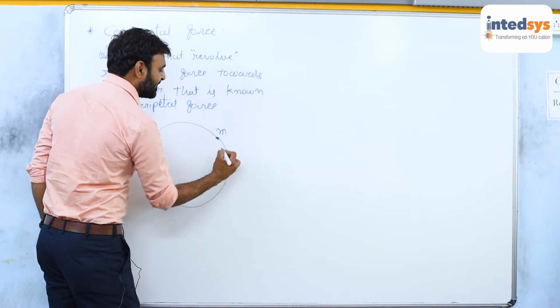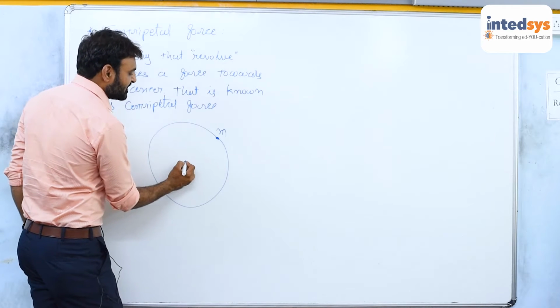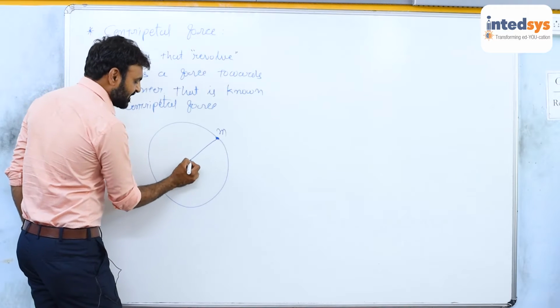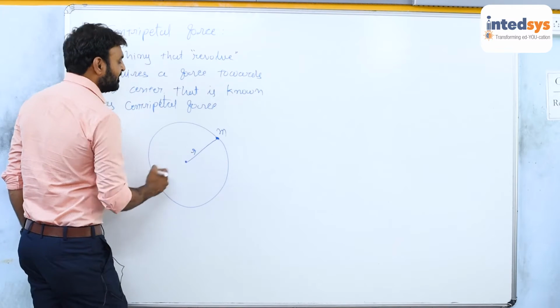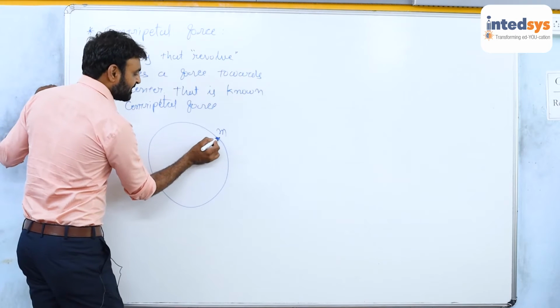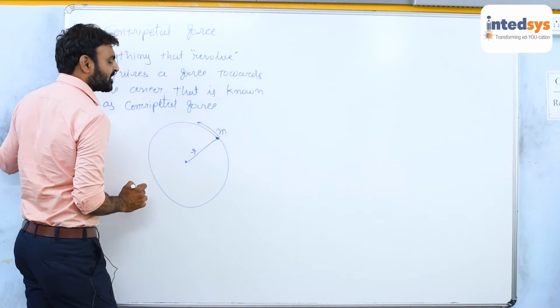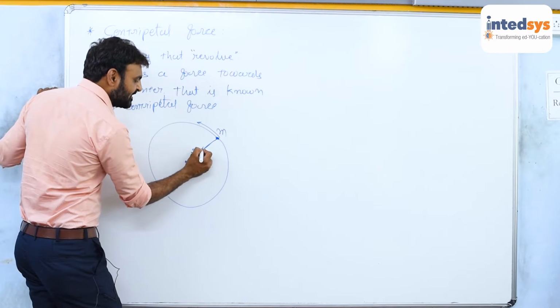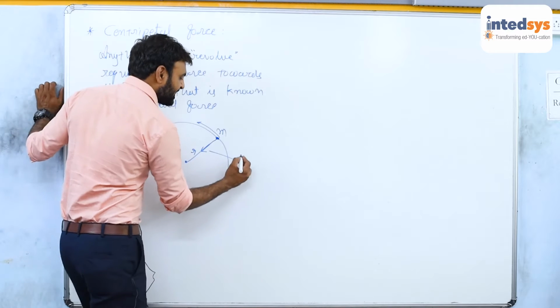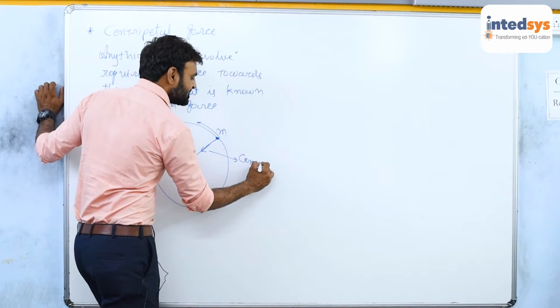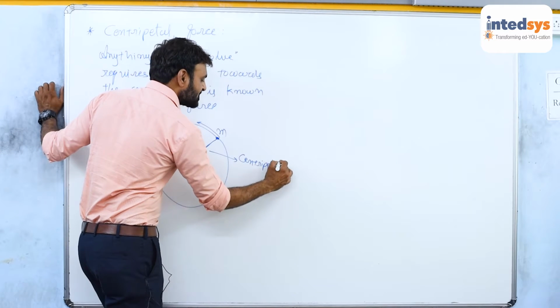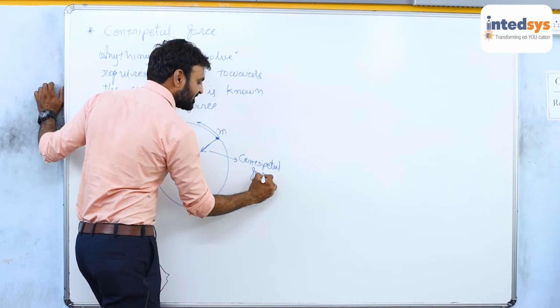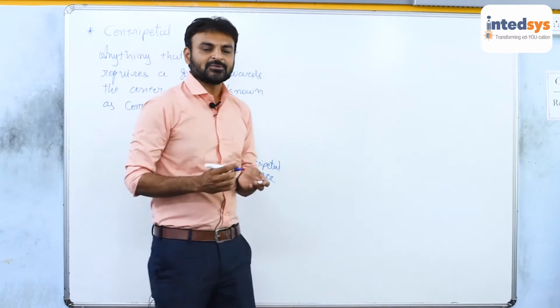This is the particle of mass m, this is the center, and this is the radius r. Now as it revolves over the circumference, it experiences a force towards the center. That force is known as centripetal force.